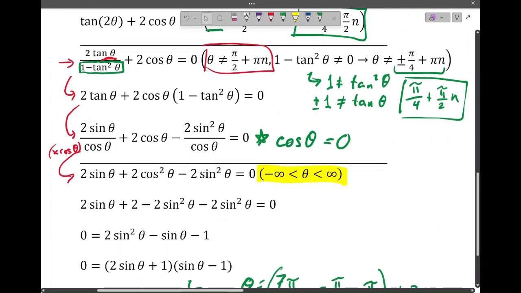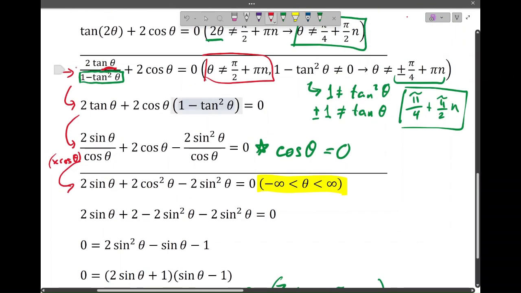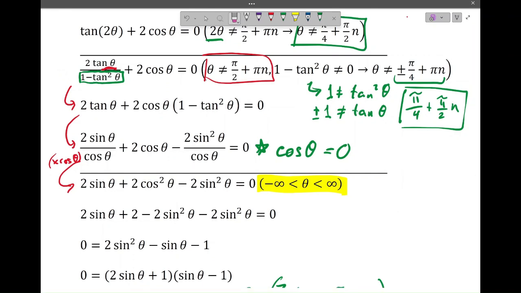And also just be wary of whenever you multiply: take a second and say, hang on, once I've multiplied both sides by cosine, I have to double check, is that solution actually a solution to the original equation? Okay?